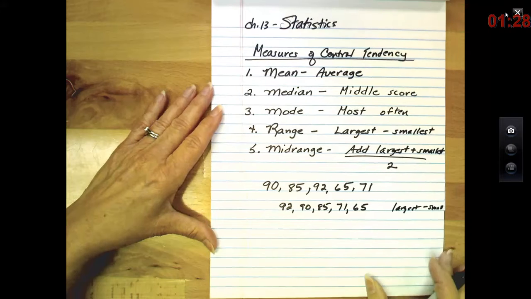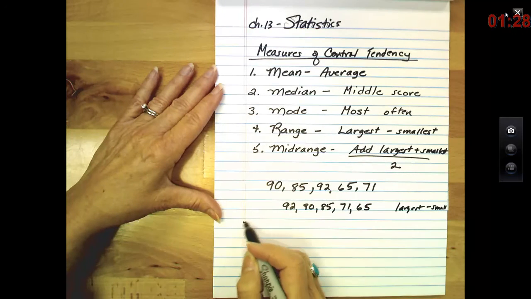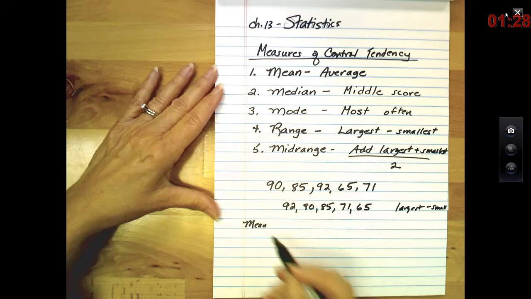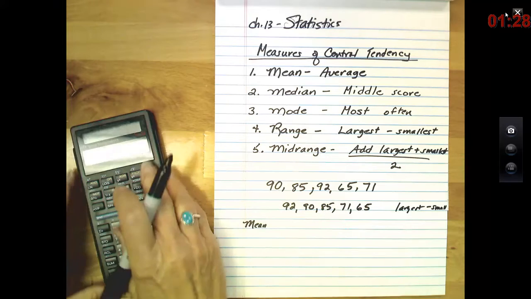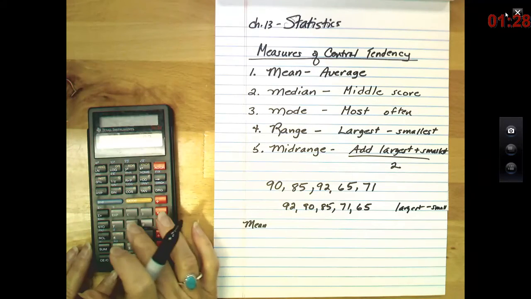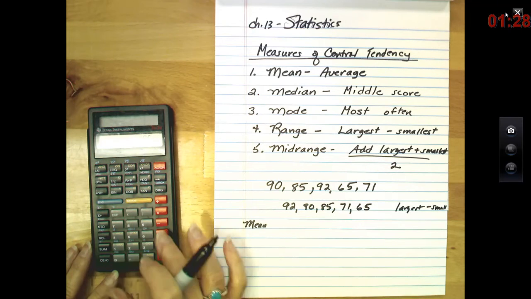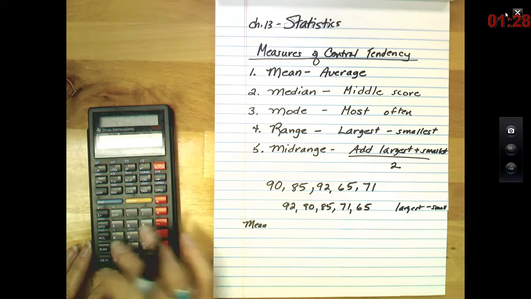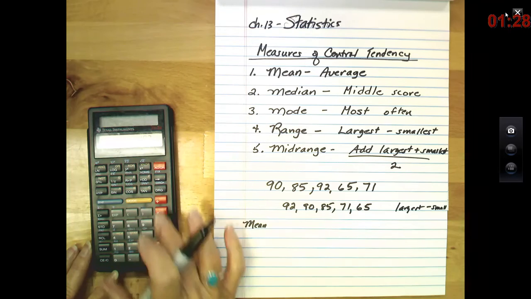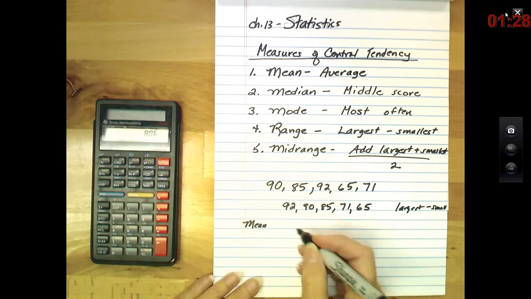Okay, now, first get the mean or the average, and all you do is add them up and divide by the number of scores. So see what you get. You get 80.6.